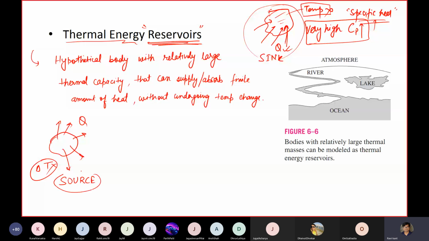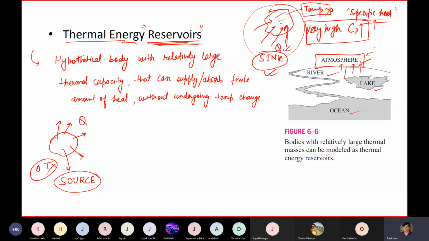A very good example of a sink is your atmosphere, rivers, lakes, and oceans. We humans have much activity, and due to this thermal energy is being transferred to the atmosphere, but the atmosphere temperature changes very little, or not at all in some sense.